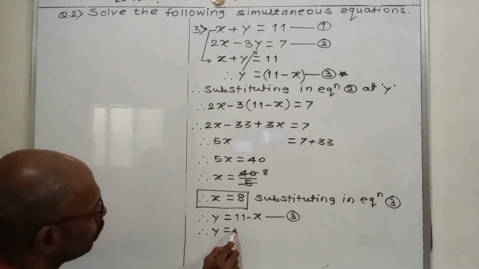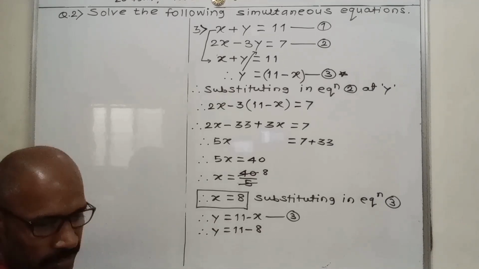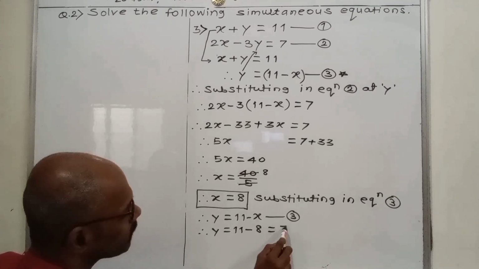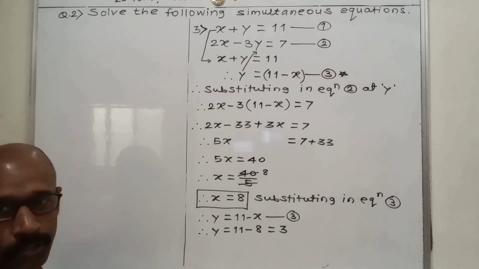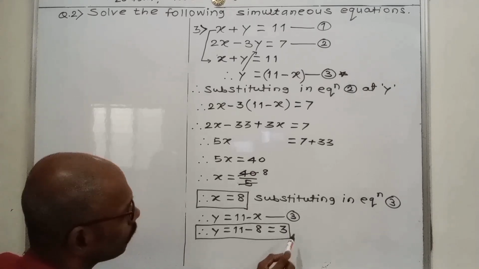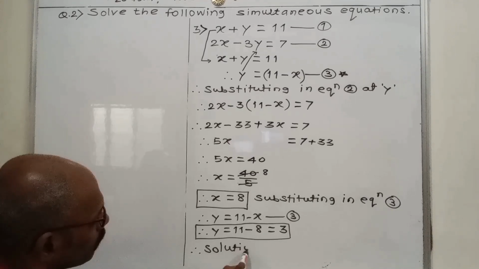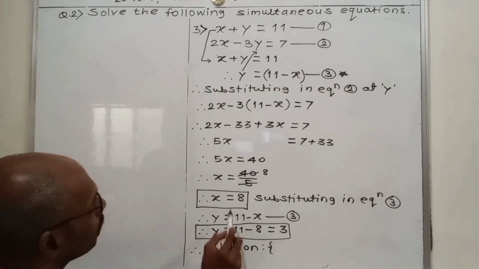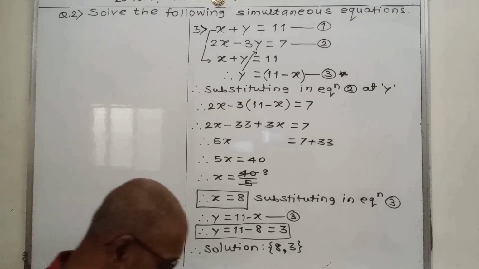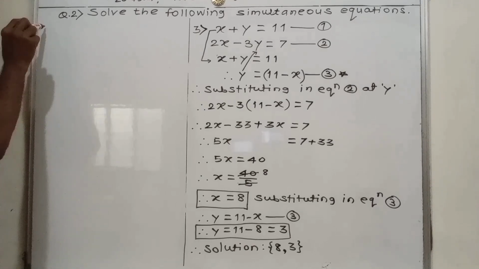Therefore y is equal to 11 minus, we put the value of x, 11 minus 8 is 3. Did you get it? This is the value of y. Therefore the solution is alphabetically x first, then y. Very simple method, that we say the substitution method.